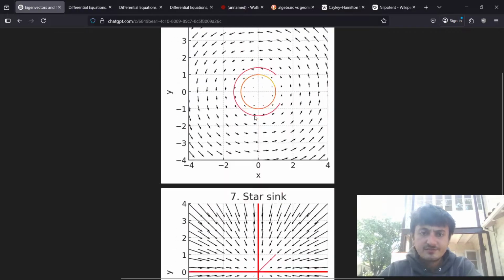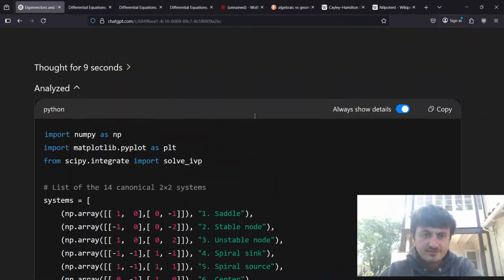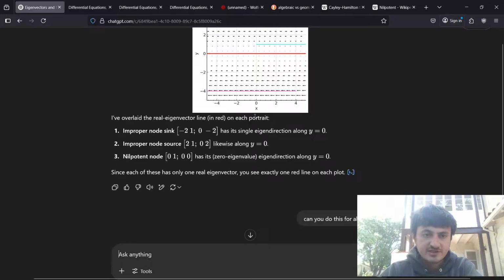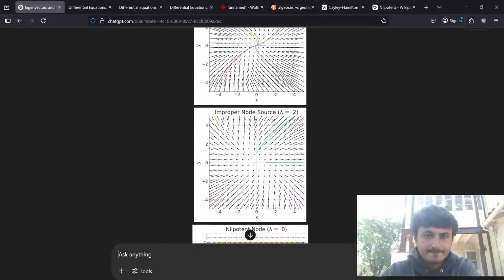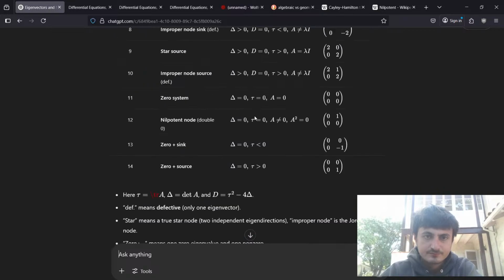Does zero system mean that both eigenvalues are 0? It means something more than that, right? It means literally that the matrix is 0 and that every point is at equilibrium. That's what it means.